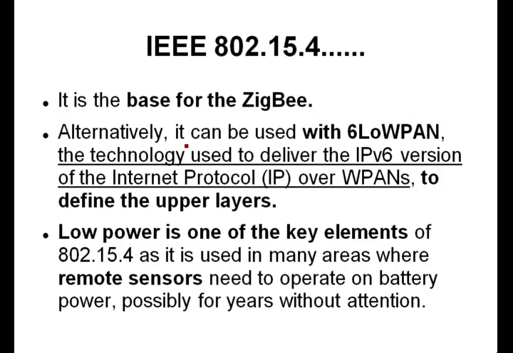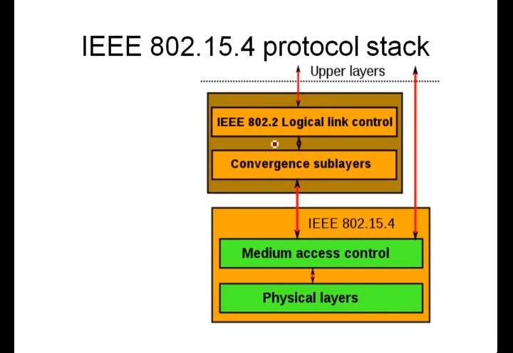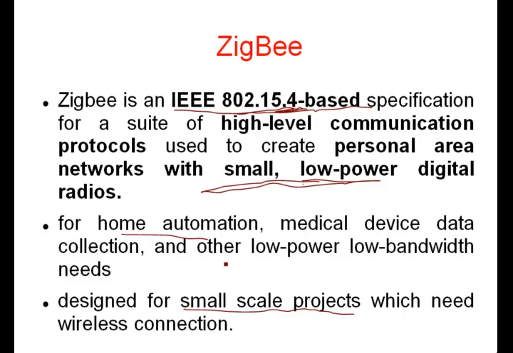It provides you these two layers, the physical layer and MAC, and ZigBee is built on upper layers, above these layers. Keep in mind that it can be asked on which specification ZigBee is built. So it is based on 802.15.4.